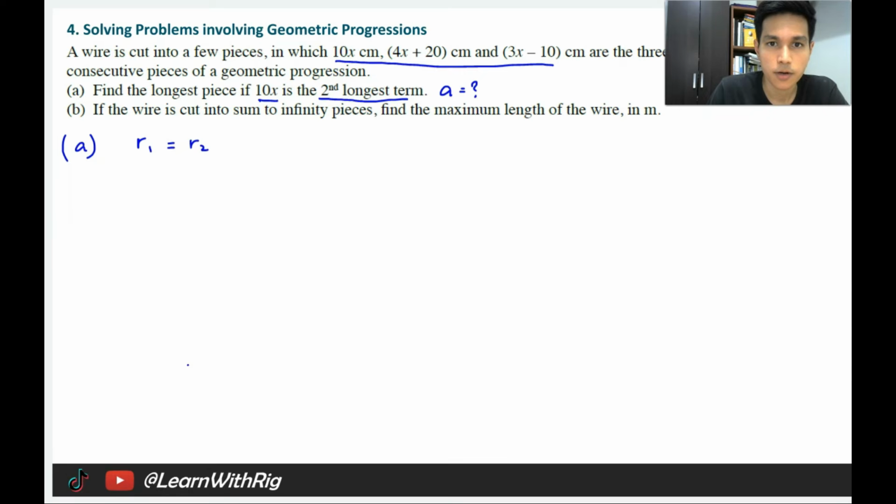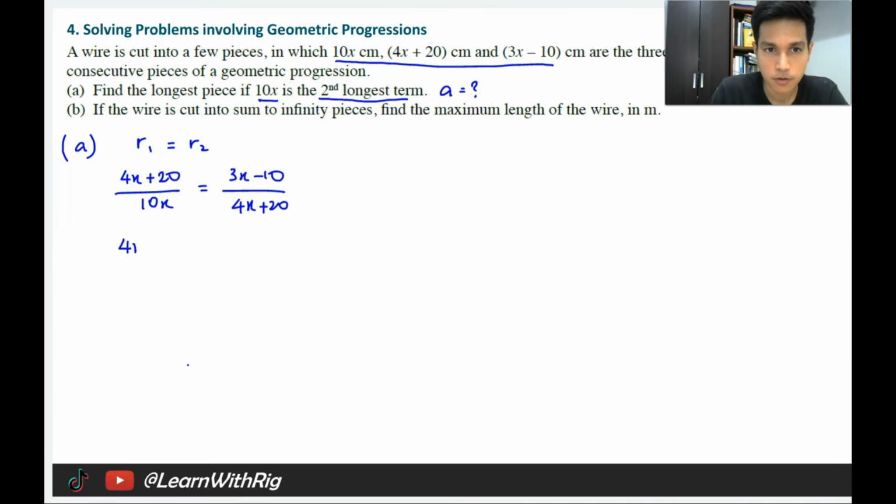So what is r1? r1 is 4x plus 20 divided by 10x, okay, the first 2 terms there. And then r2, we can say 3x minus 10 divided by 4x plus 20. So I'm going to cross multiply.